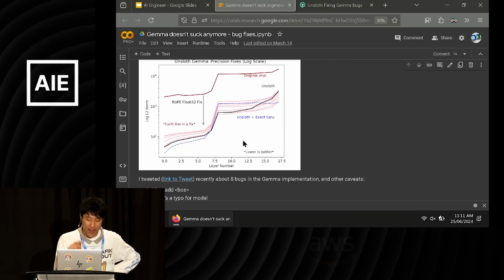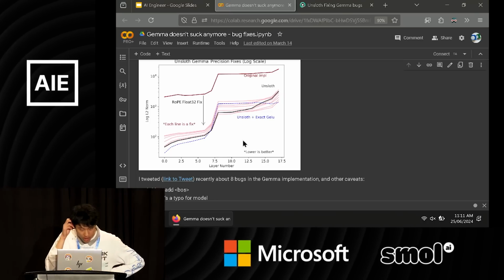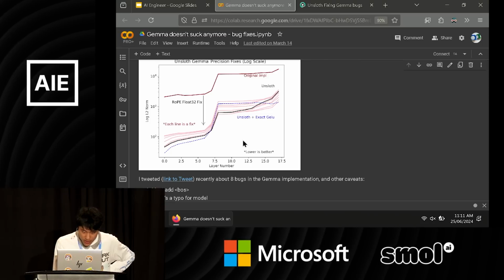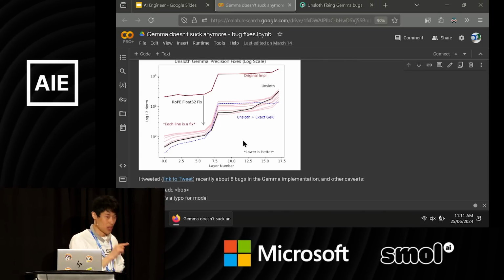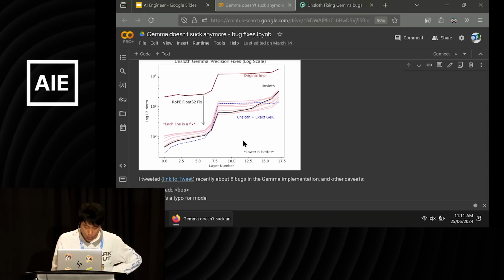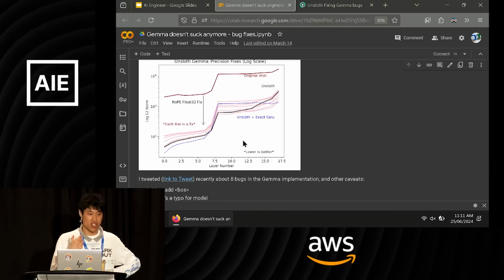With all the fixes that we did, the blue line should actually have lower error, right? The reason we didn't choose it is that there was not just one error, there were many errors, and all of the errors compounded together. We finally chose the black line because it matches the original implementation.